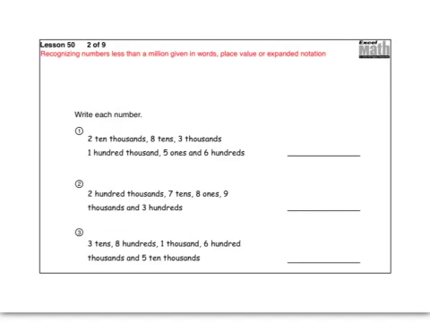All right, now we're going to write each one of these numbers. They're giving us a certain number of different values, and then we have to put those all together into one big number. So the way that I'd like you to do this is we're going to make a little place value chart here. I'm going to put a squiggly line there for that one.